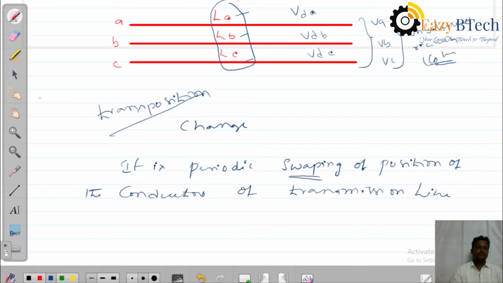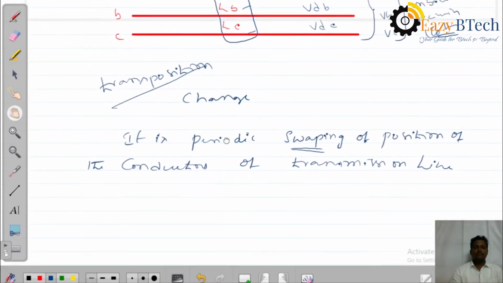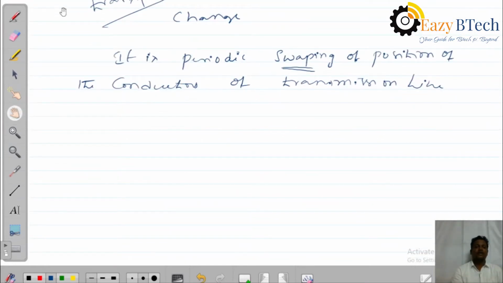Now, how can we make the transposition? How can we make LA equal to LB equal to LC?